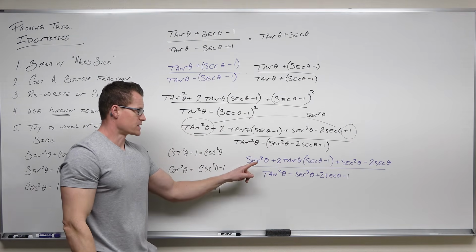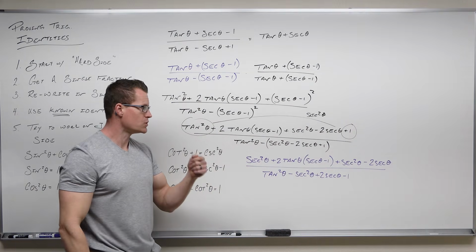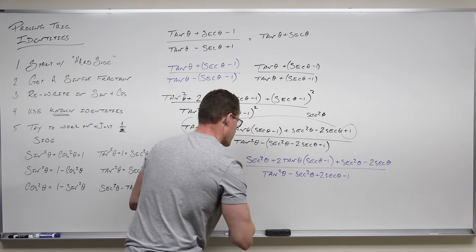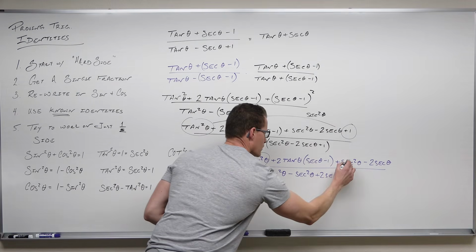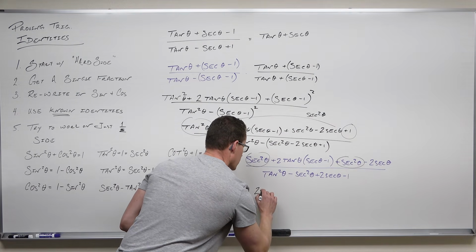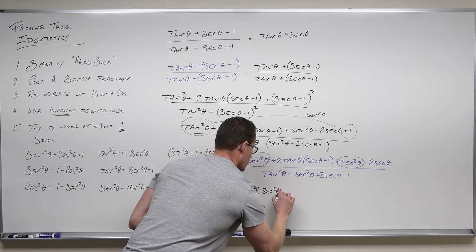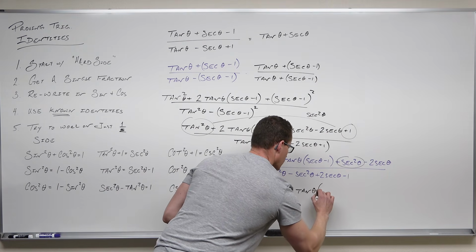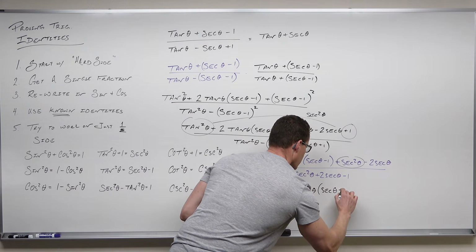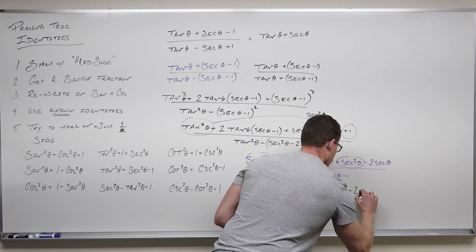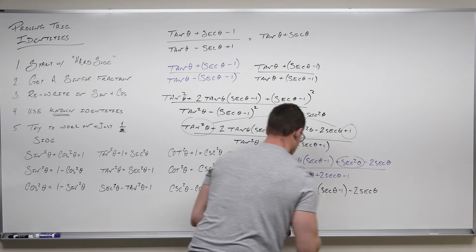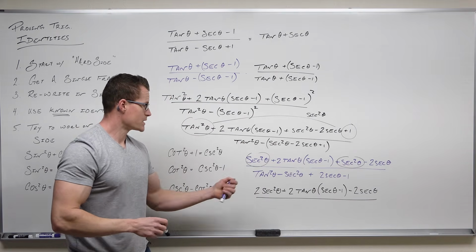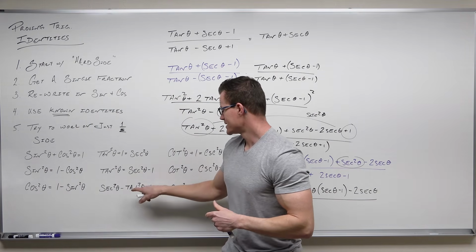Now I'm going to combine some like terms. I see a secant squared and a secant squared. That's 2 secant squared theta. I'm also noticing this is really, really close to this.